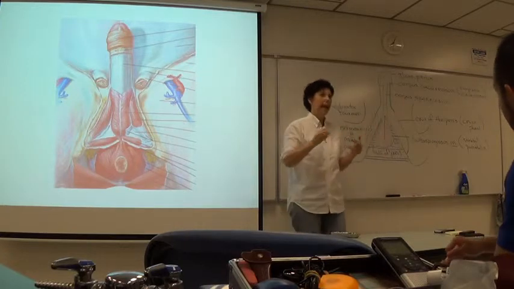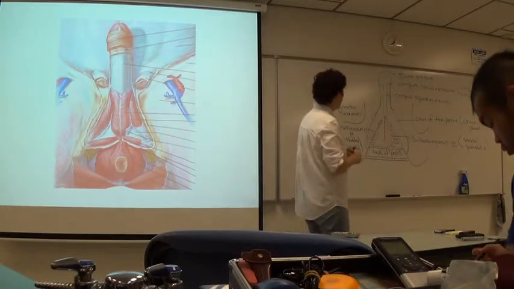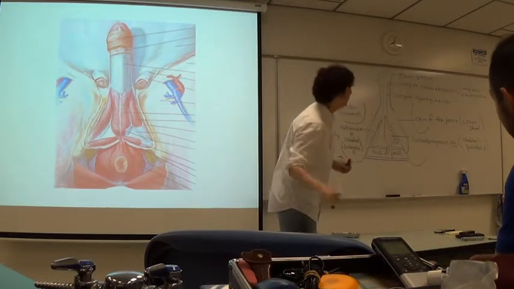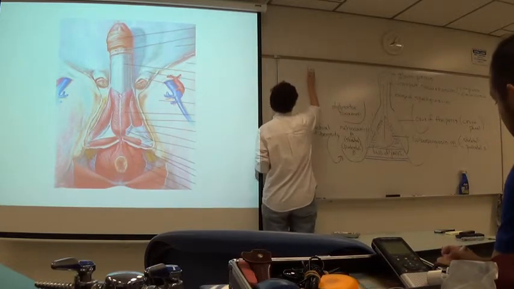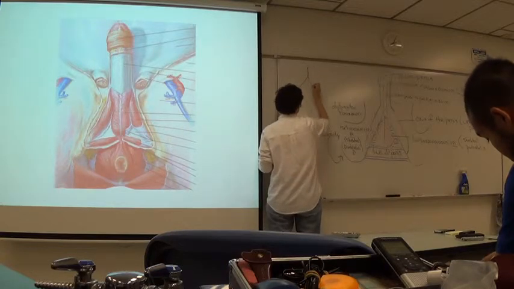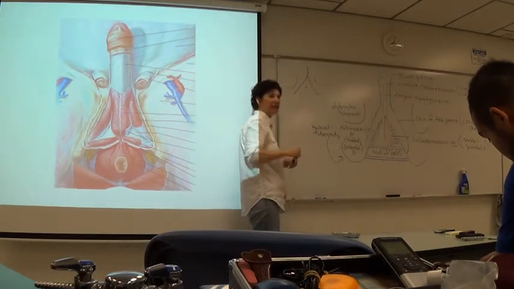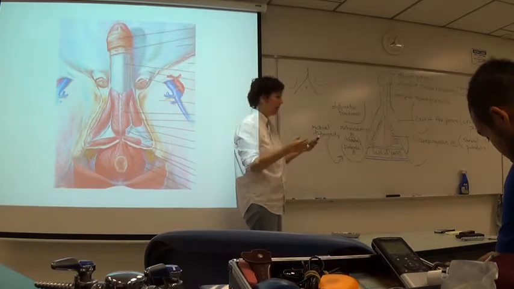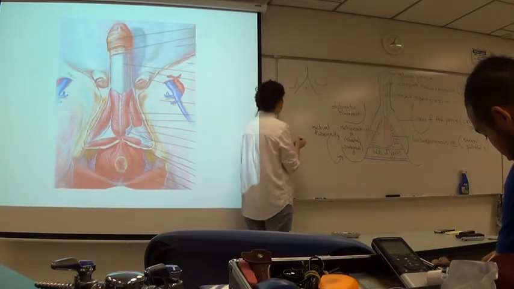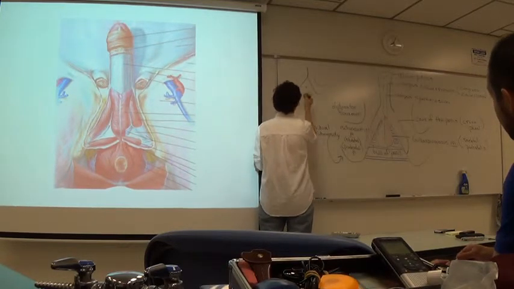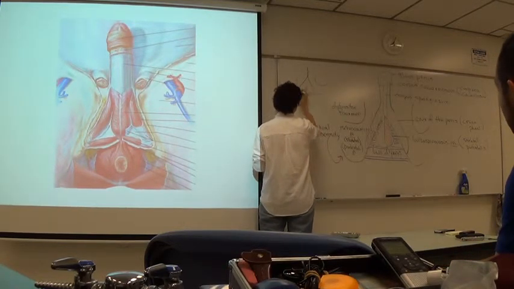Filling in the angle of the pubic arch is this external urethral sphincter. If I draw it without the penis in there, we have just the opening for the urethra. We don't have a vagina in the male, obviously, so we don't have to include that. Then this muscle kind of fills in this space.